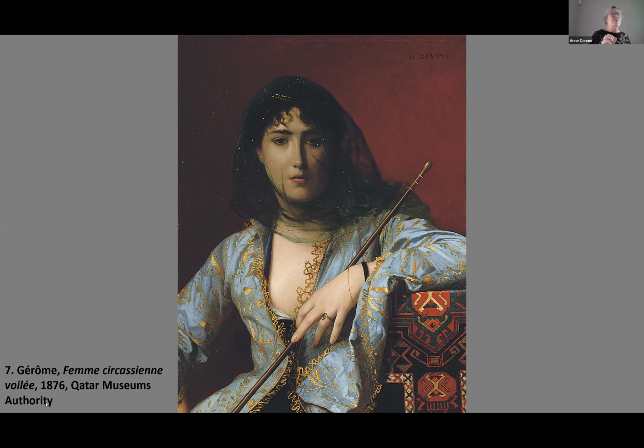Just an extraordinary painting, because you have that veil obscuring her face, but you can guess her beauty in the back. And then the very pretty clothing. All these were, by the way, fabrics coming from India.